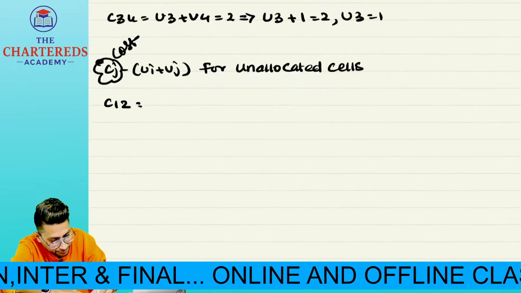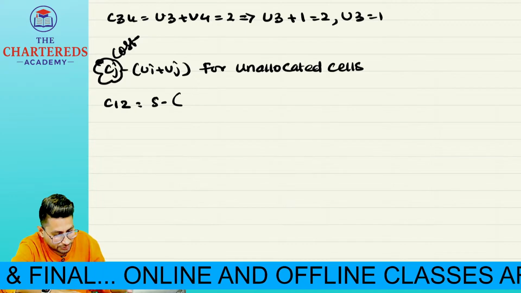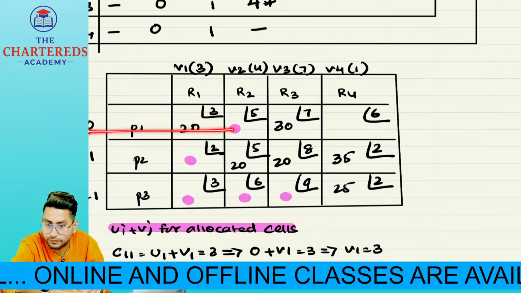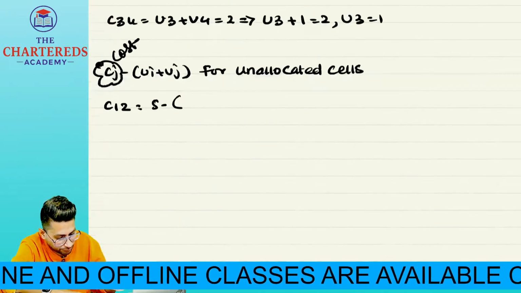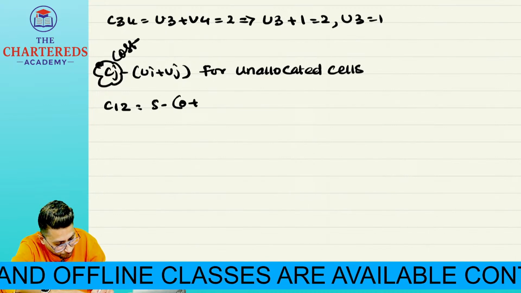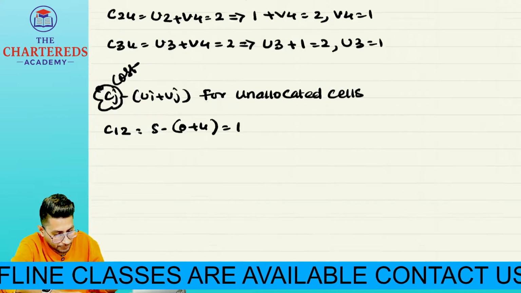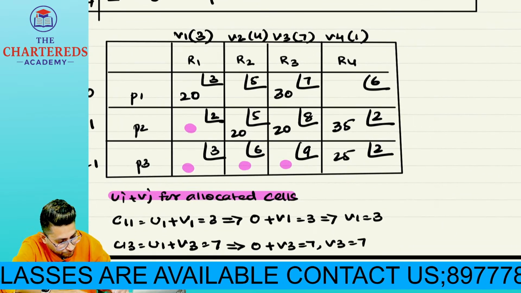Cj will be 5. Minus, for this cell, what is ui and what is vj? 0 plus 4. It will be equal to how much? 1.